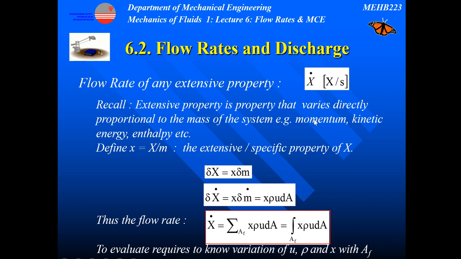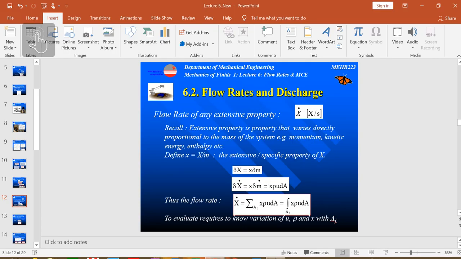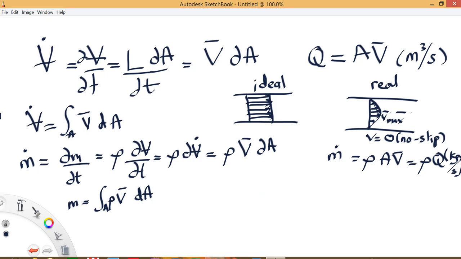Momentum, you should have in x, y and z. Let X be the notation for this extensive property. It can be kinetic energy, momentum, enthalpy and many more. I will do the derivation on how to get this flow rate for the extensive property.